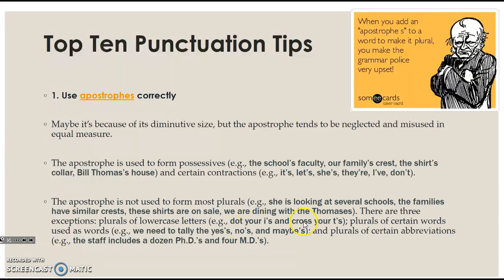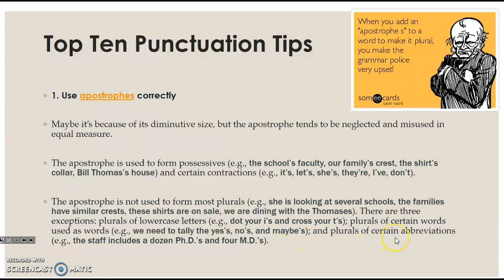That looks terrible to me, but that is okay based on the exception to the rule. You can also use an apostrophe for plurals of certain words, like we need to tally the yes's, no's, and maybe's. In that case, it is acceptable for you to use the apostrophe s for a plural.